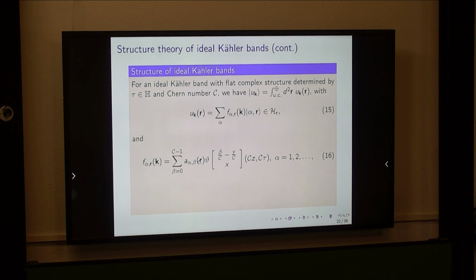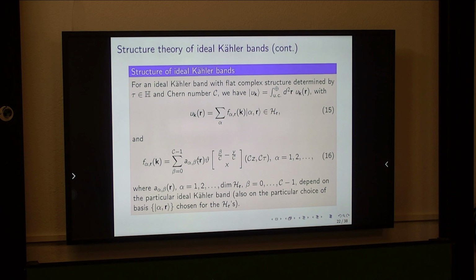This is important. This residual dependence on R is still there. Okay, I'll make more comments on that later. And they actually depend on the particular ideal Kähler band, and they also depend on the particular choice of bases we've chosen for the H of R's.